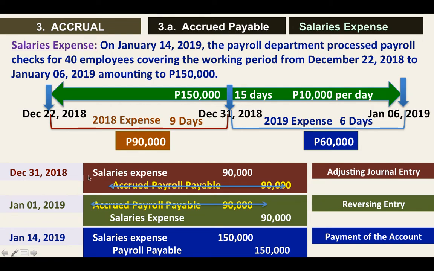So here you have a recorded on 2018 a salaries expense of 90,000, which is correct as far as our analysis is concerned. And on January 14, you have a recorded a salaries expense of 150,000, but because of your reversing entry, the salaries expense was reduced by 90. So the net balance of 2019 expense for salaries is 60,000.